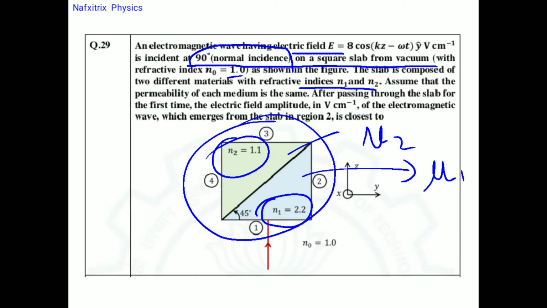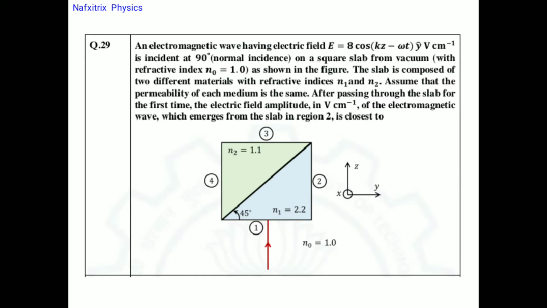After passing through the slab for the first time, the electric field amplitude in volt per centimeter of the electromagnetic wave which emerges from the slab in region 2 is closest to. So what we are supposed to find is the electric field amplitude in volt per centimeter of the electromagnetic wave which is emerging from the slab in region 2.